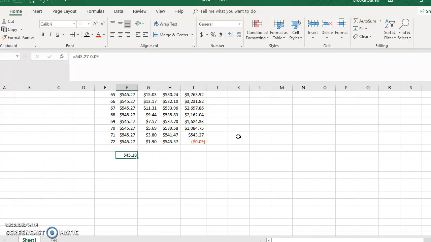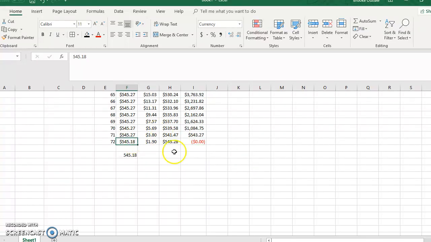He only has to pay 545.18 that month. We're going to manually change the last payment because he has to have it paid in 72 months. He can't take 73 months. We're going to manually change that last payment so that Rico now owes $0 after 72 months.